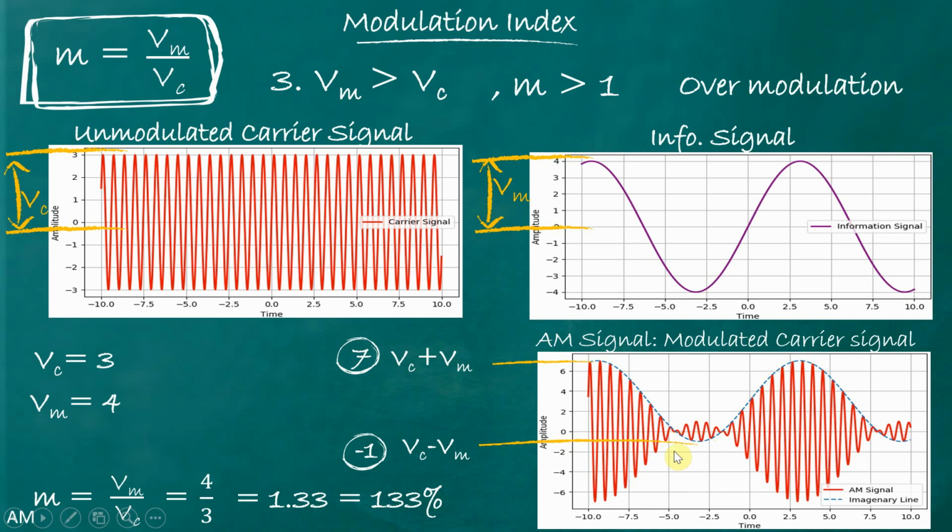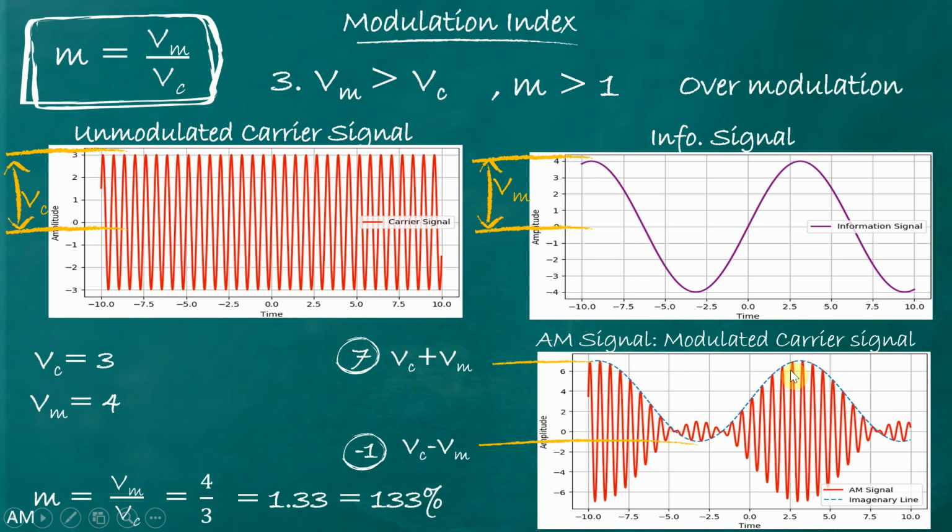This is the case of phase reversal. Up to a certain point of time the envelope is above 0, but after a certain point of time it is below 0. So here the actual envelope would be this one, as you can see on my cursor.